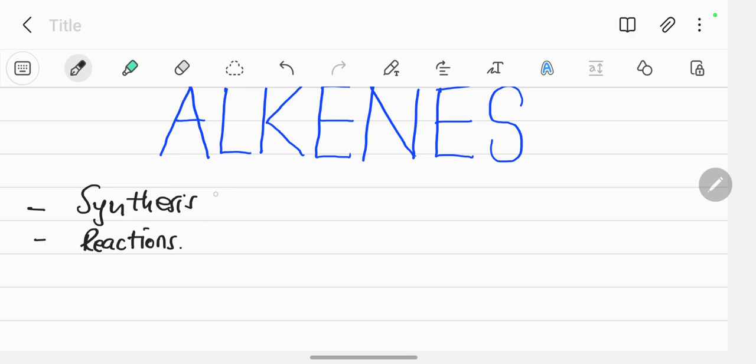These areas are of greater importance. They are high yield areas. So I'm going to first focus on that.